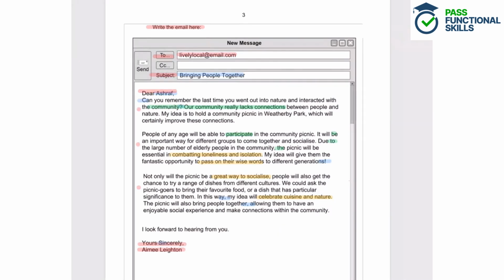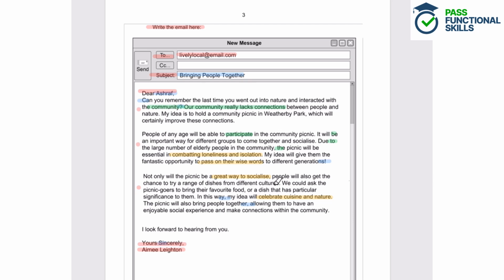Now let's think about cohesion in this answer. So cohesion essentially means that your ideas are joined up and everything flows on from each other in a way that makes sense. So all of your answer needs to be sort of consistent and joined together. How do we do this? Well, we need to make sure that sentences are flowing on from one another and are linked together.